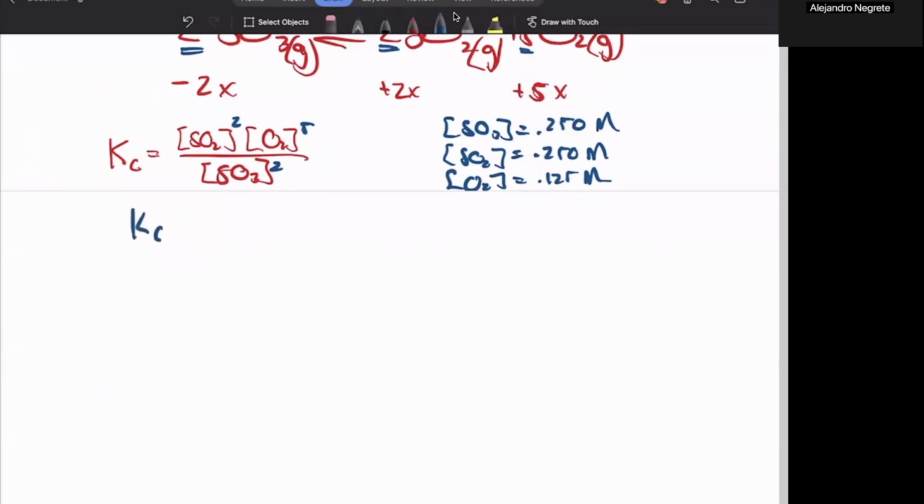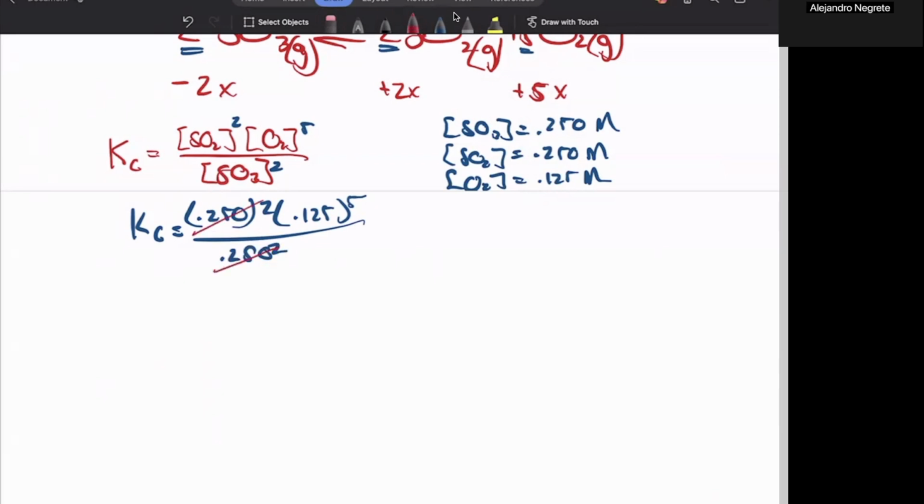K sub C is then equal to 0.250 squared times 0.125 to the fifth over 0.250 squared. I'm going to do some cross canceling here.